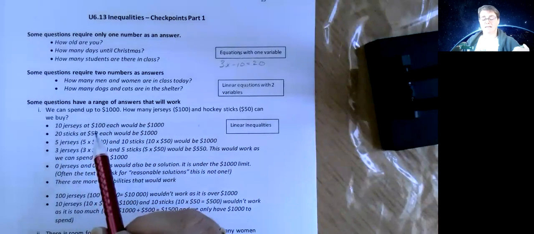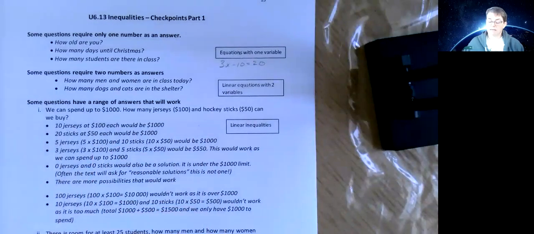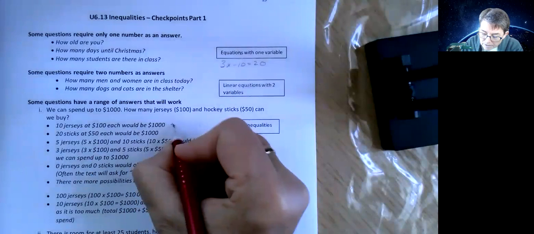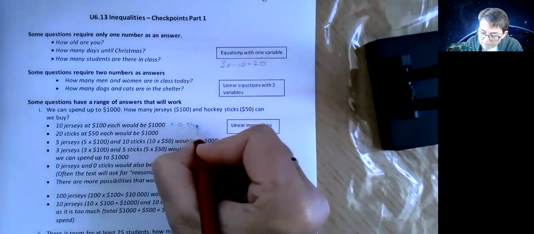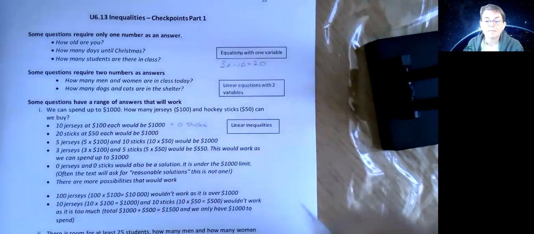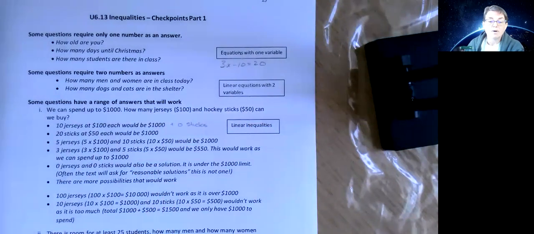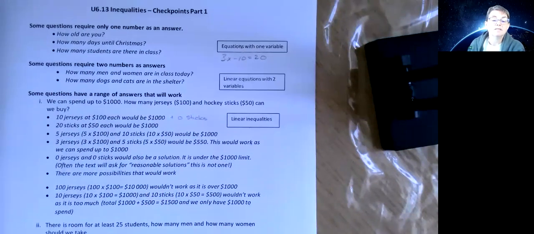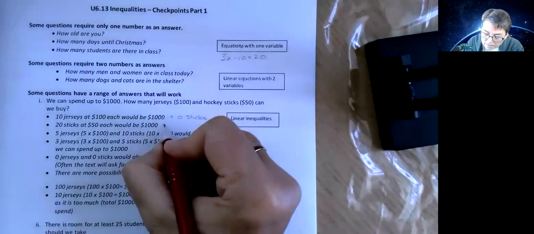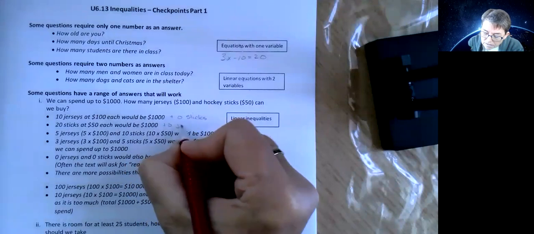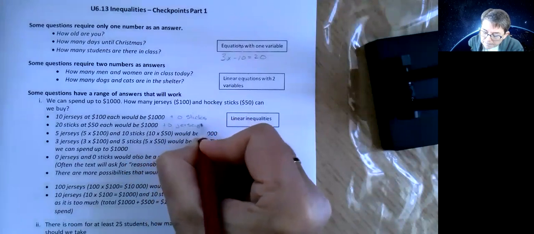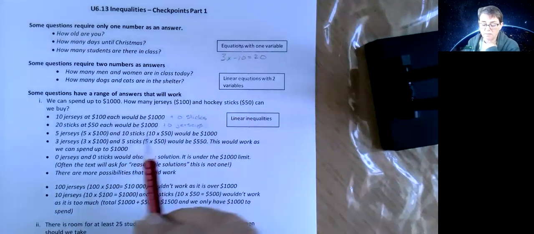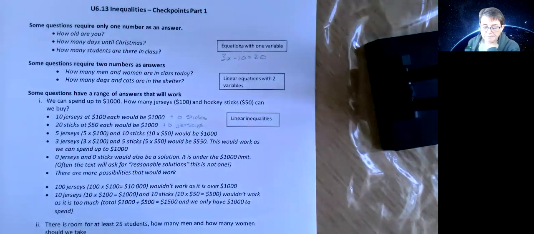They all say SAIT across them, and that would be $1,000, plus 0 sticks. That's an option. Or forget the jerseys, let's just buy hockey sticks. From what I understand, those break a lot, so let's buy a whole bunch of hockey sticks, 0 jerseys. Those are possible answers. Either way, we're spending $1,000.